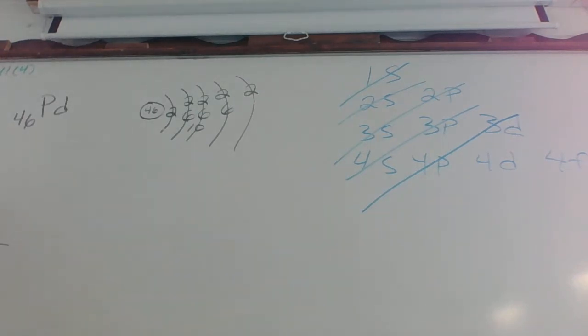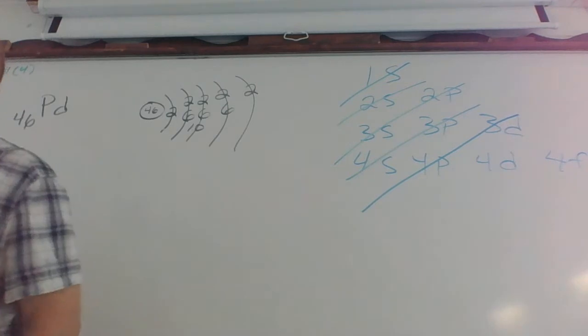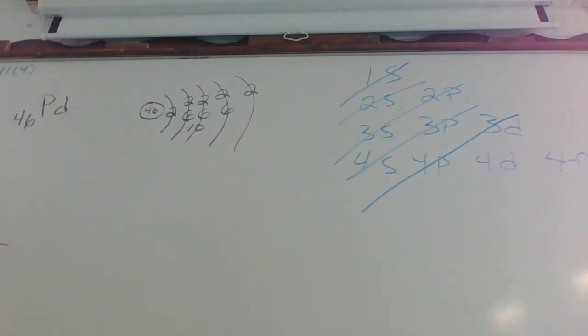Now, keep going on that row, or that period. It's not the fifth period. It's actually the what? Fourth. You were right the first time from about five minutes ago. It's actually the fourth period. Now, what column in that D block is palladium located?